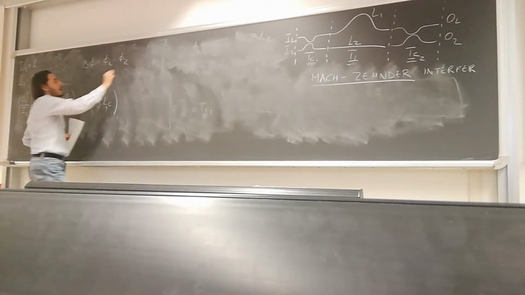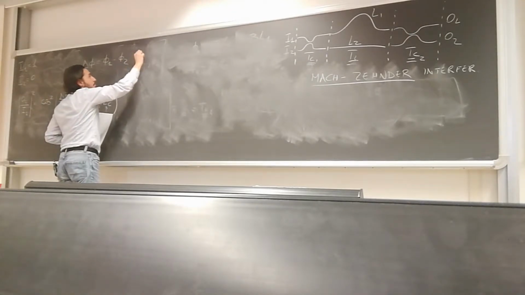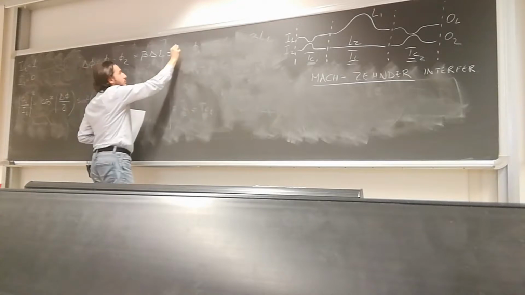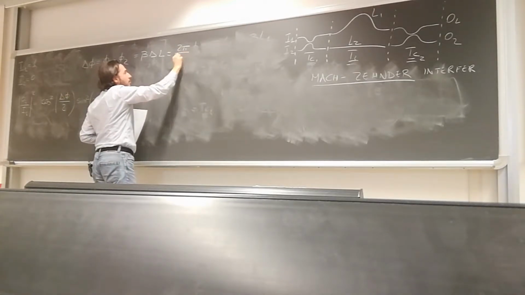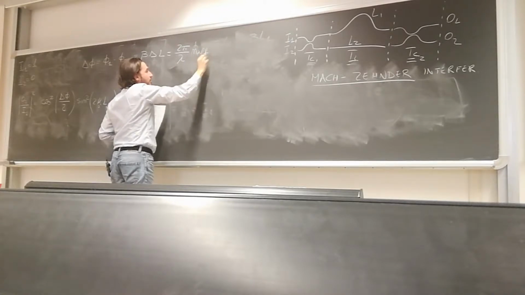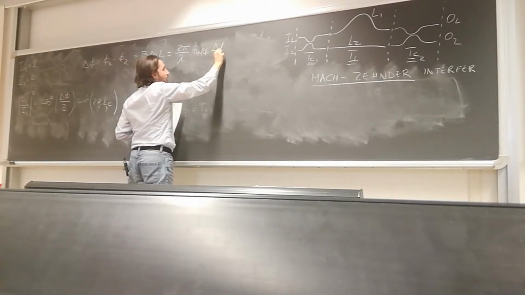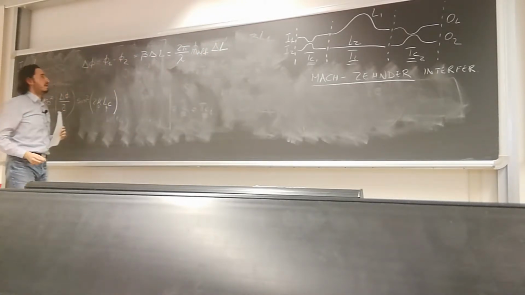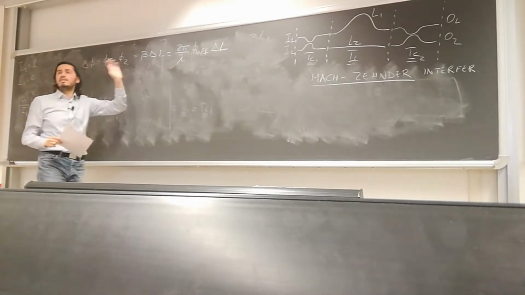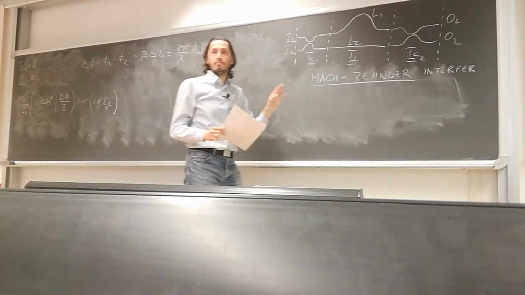Okay, and in case it is beta delta L, so it's 2 pi divided by lambda, effective index of the two waveguides that are assumed to be identical, delta L. And this is the delta phi we discussed a lot yesterday, okay?